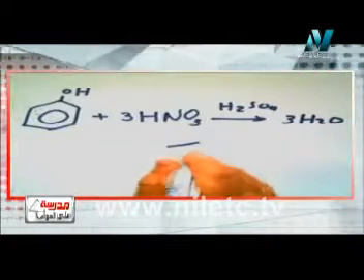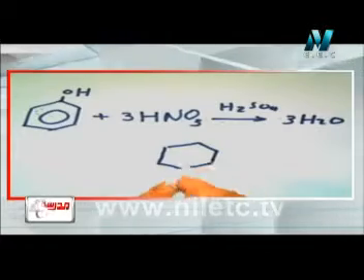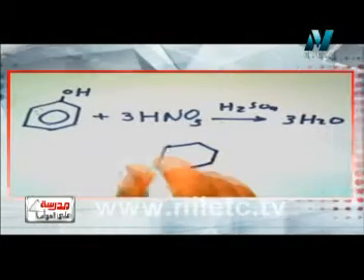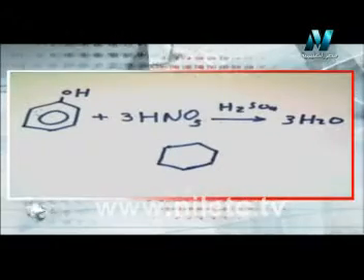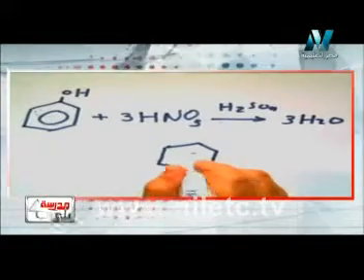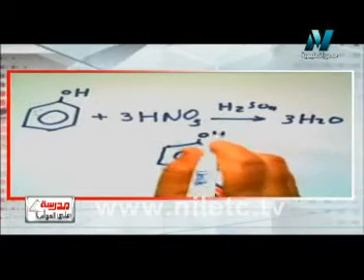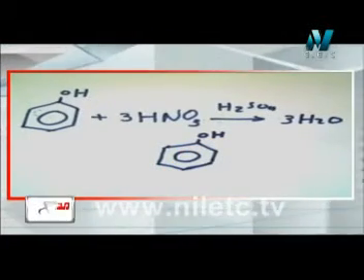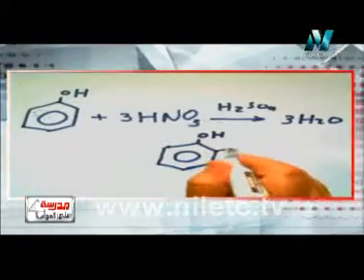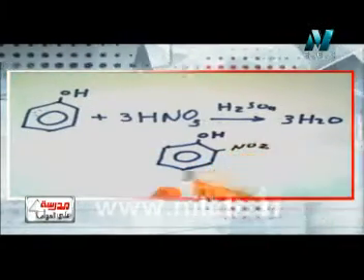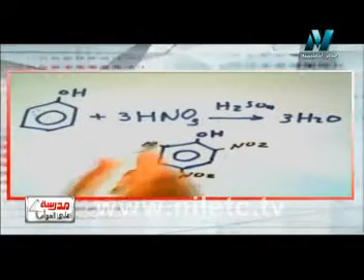And we know that the presence of the hydroxyl group on the benzene ring directs the substituents to the ortho and para positions. So the presence of OH directs the nitro groups to ortho, para, ortho: NO2, NO2, NO2.